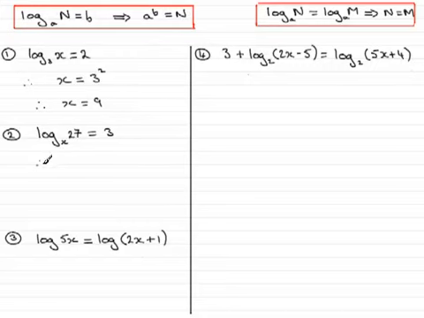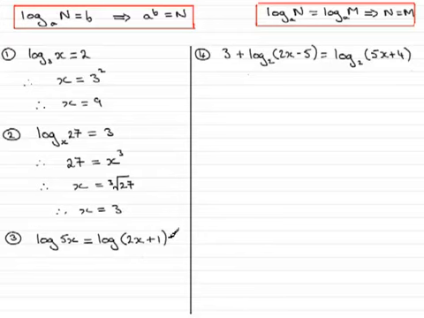So in other words we have that 27 is equal to x cubed. To get x, I need to take the cube root of both sides. So x is equal to the cube root of 27. And the cube root of 27 is 3. So x equals 3.